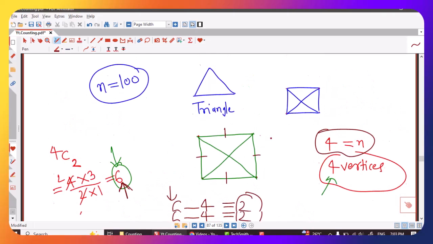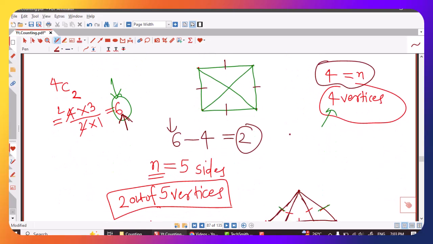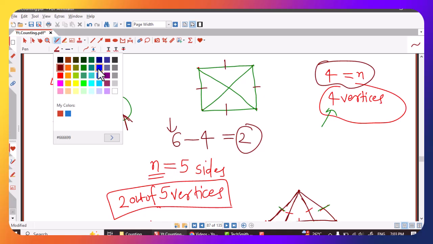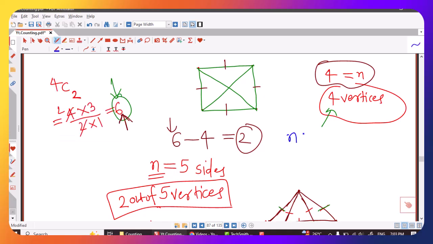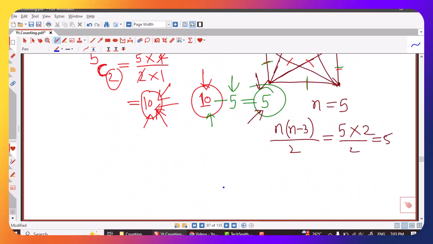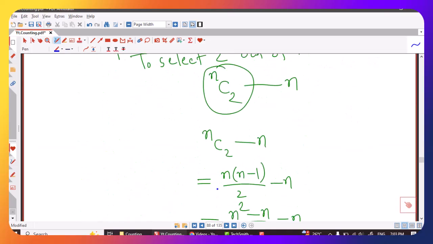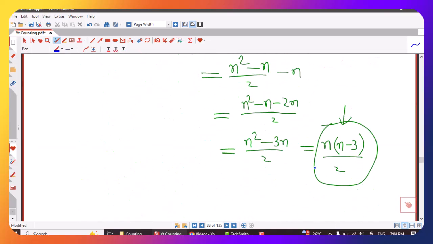Similarly, we can check for a square. In a square we have 2 diagonals. For a square, n equal to 4. So the number of diagonals is n into n minus 3 divided by 2, so we have 4 into 1 divided by 2, that is equal to 2. So this is the general formula for finding the number of diagonals in a polygon with n sides.